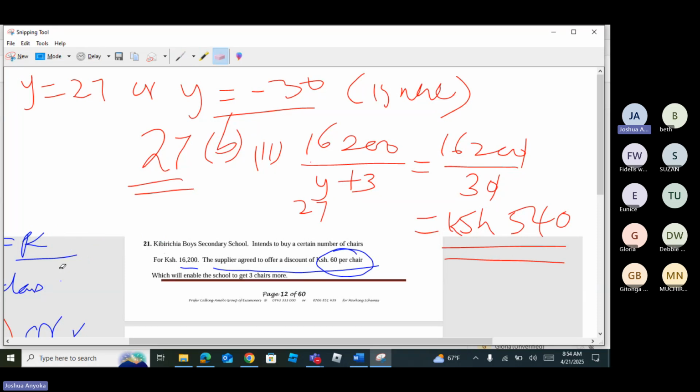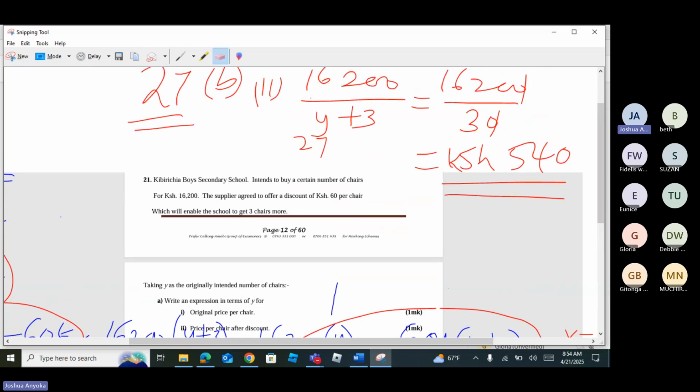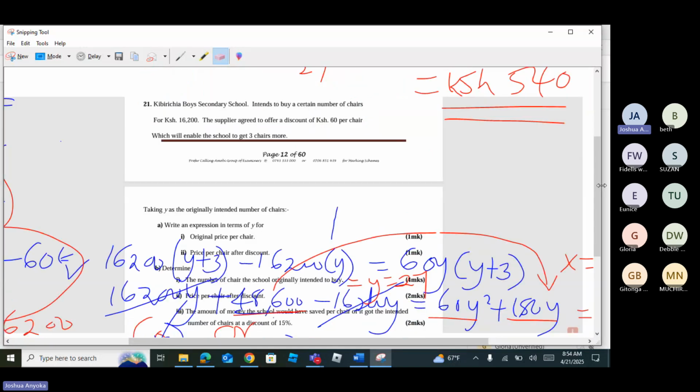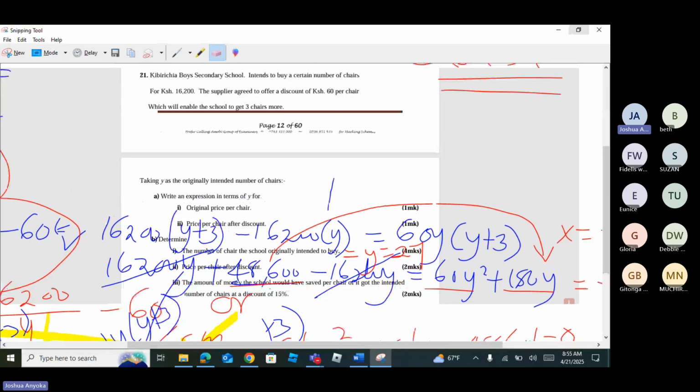Well, let us think about this one. The question asks us to find the amount of money the school could have saved.